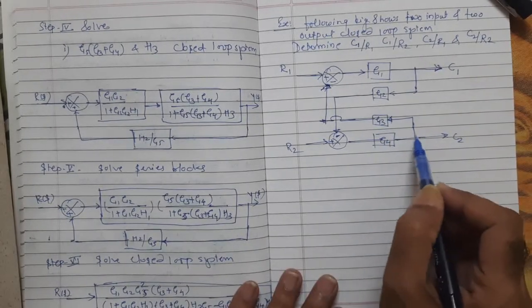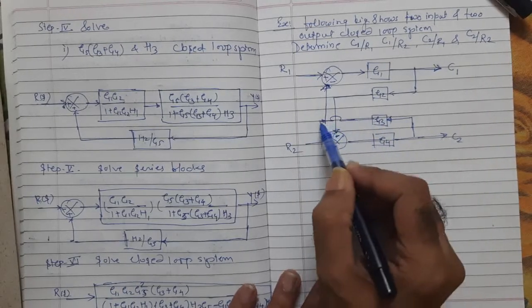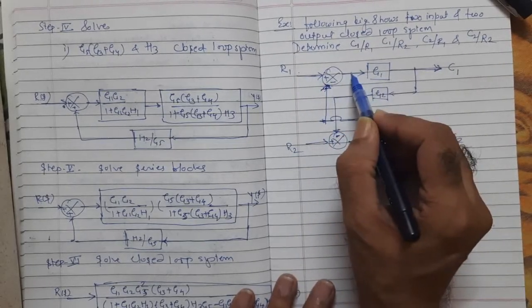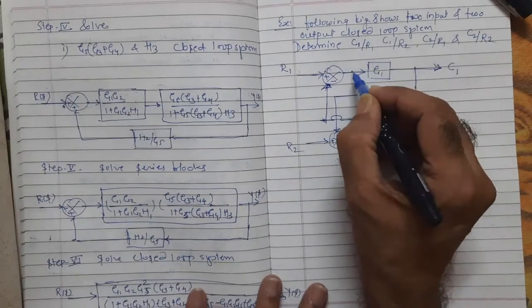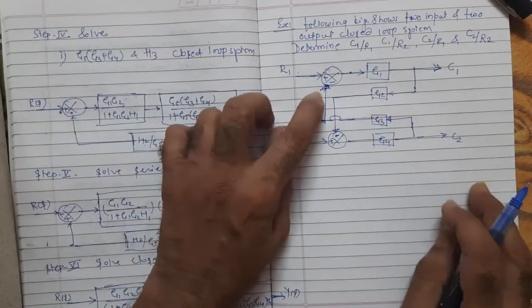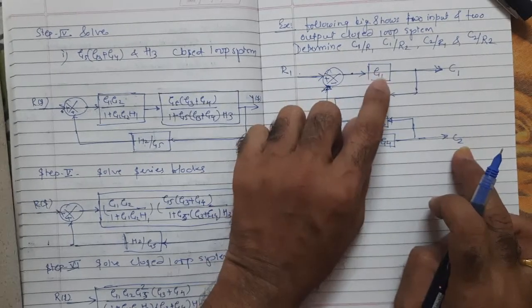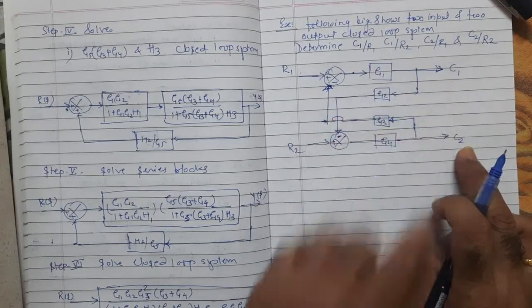That is C2, that means C2 into G3 is the output which is connected over here, and this is R1 and here we will have some output. What is the output here? That is R1 minus G3 multiplied by C2, and here we have G1 and then we get the C1.